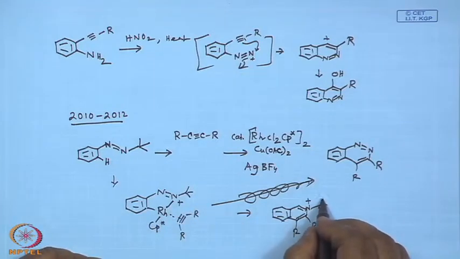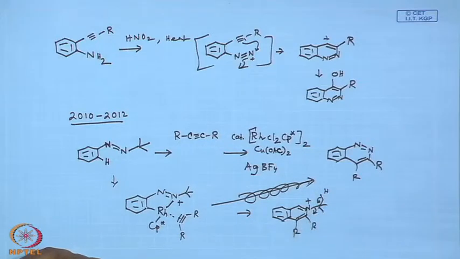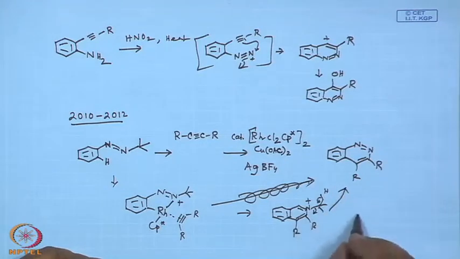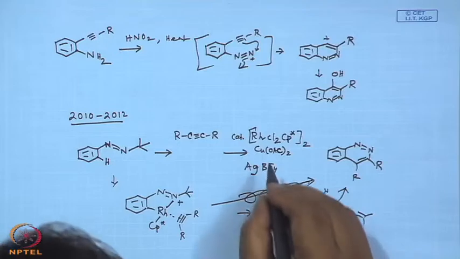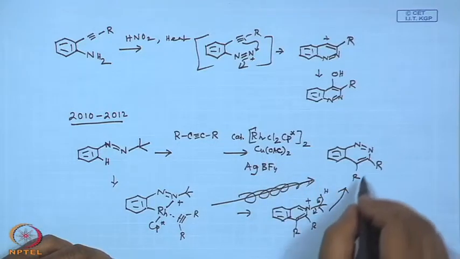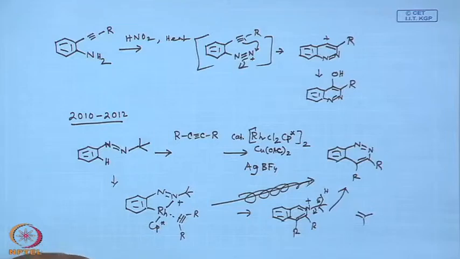All of us know these tertiary butyl groups, because of the carbonium ion stability, will be lost as isobutylene, or, let us say we do not have enough chloride. If you had enough chloride, you would have obtained tertiary butyl chloride, right. So, that means you will get the isoquinolinium.